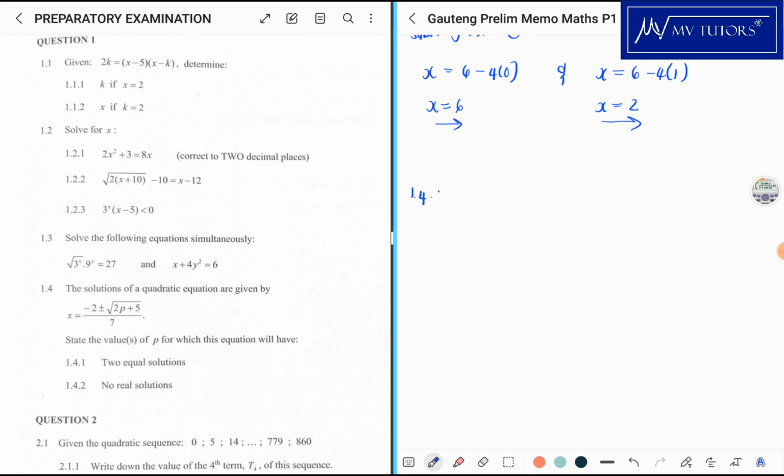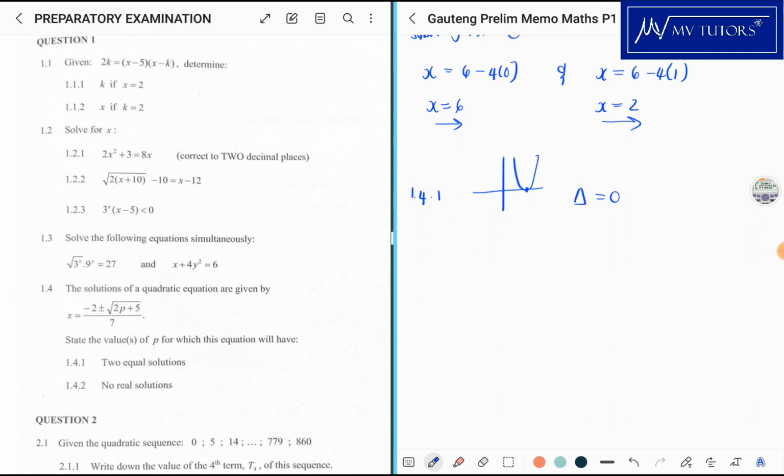So here, this is where you should know the properties of the discriminant and the different conditions that apply. All right, so basically, if we want two equal solutions, remember, this is for a quadratic equation or parabola. If you have a turning point on the x-axis, then you have two equal solutions. Basically, your discriminant is equal to 0.